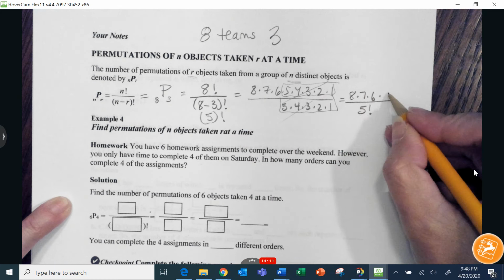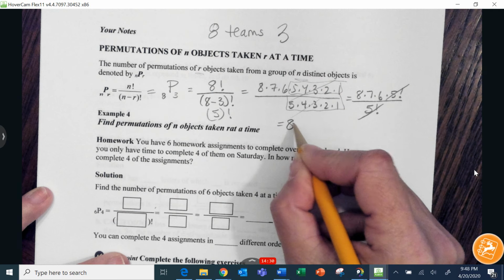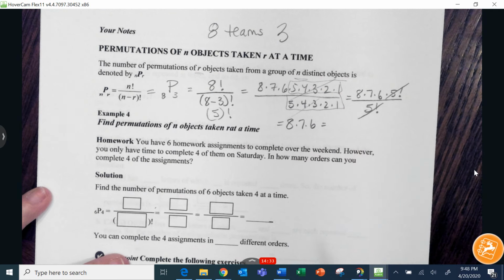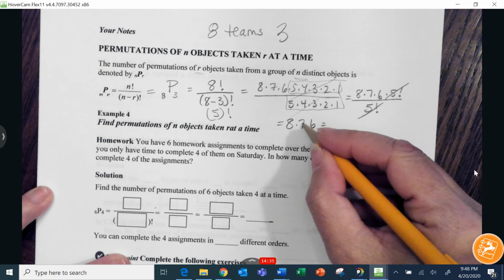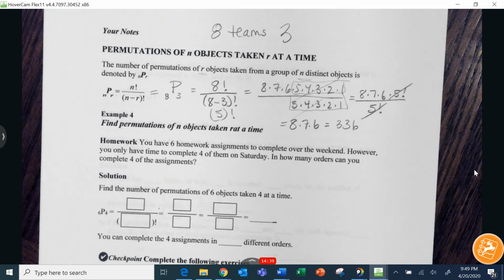These are exactly the same, so I can stop and cancel them. So all I'm typing in my calculator is 8 times 7 times 6, which we just did on the other page, and we got 336. I'm just showing you a different way of doing it using an actual permutation formula.